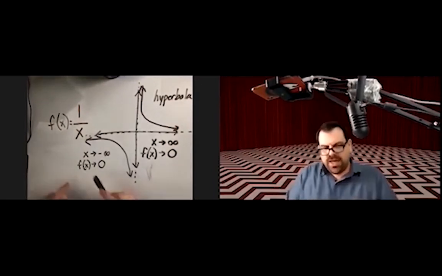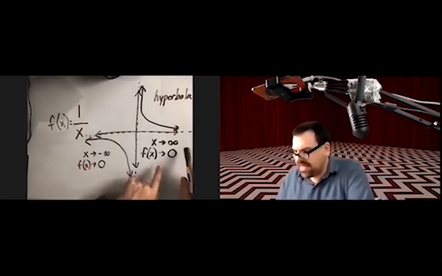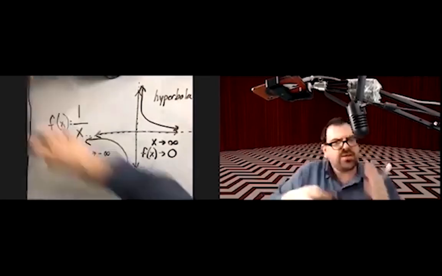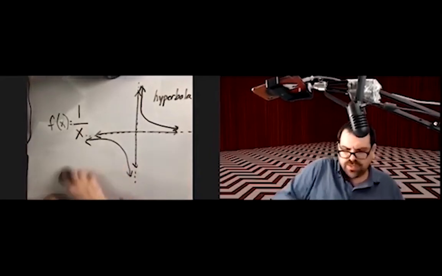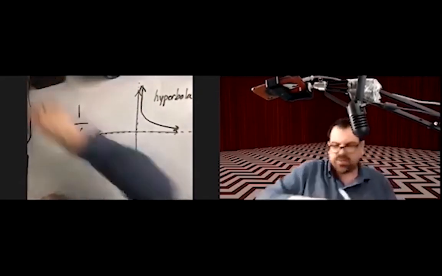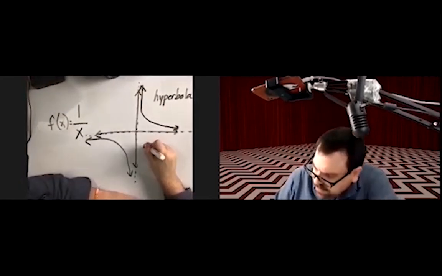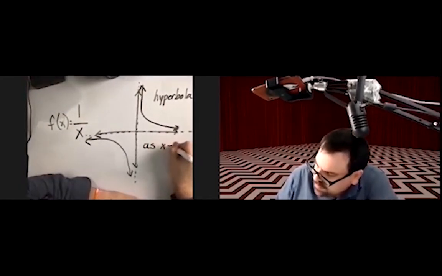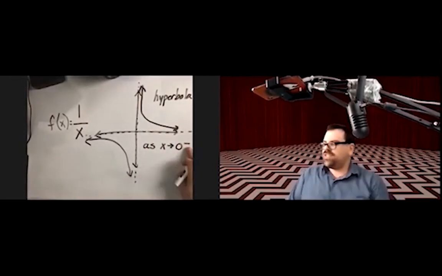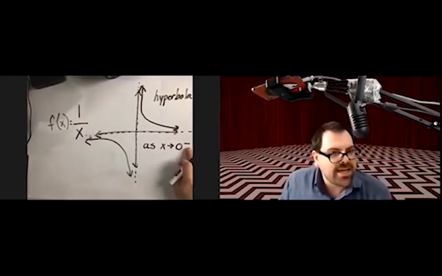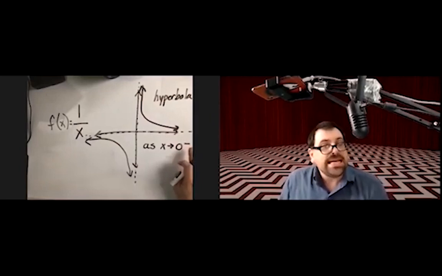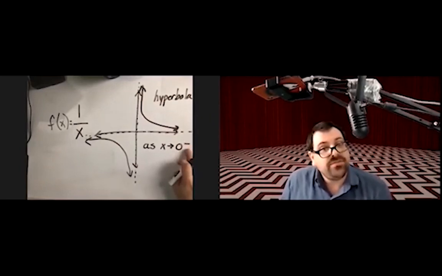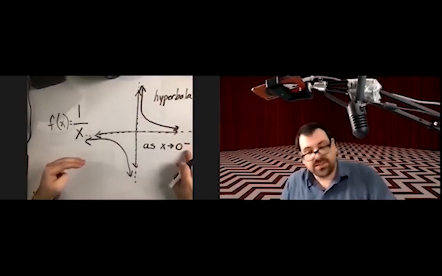This notation, as x approaches negative infinity, as x approaches positive infinity, we've done that notation before. But I want to introduce another notation: as x approaches 0 with this little minus sign up here. The minus sign indicates from the negative direction, from the negatives.